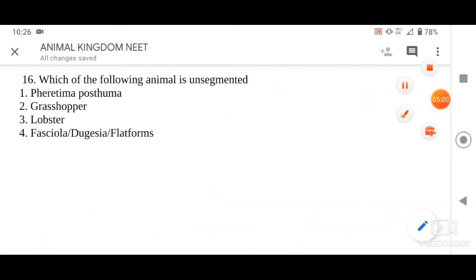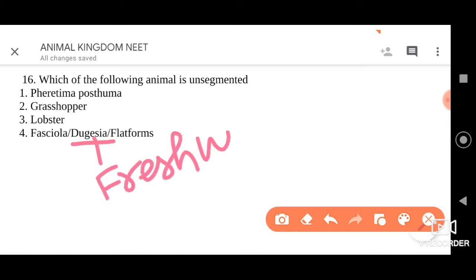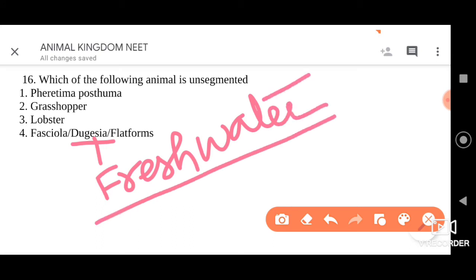Next, under the fourth option, we have the second organism, that is Dugesia. Let me tell you that Dugesia is also a flatworm. It is a freshwater flatworm, and it is also unsegmented. Flatworms in themselves are unsegmented organisms.